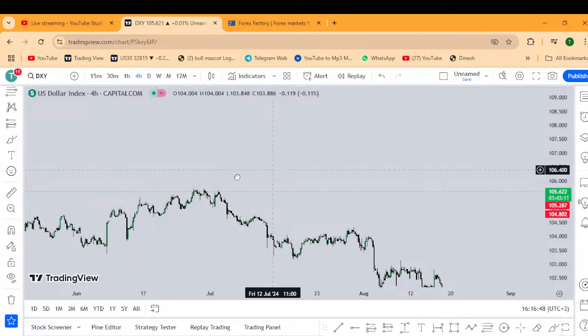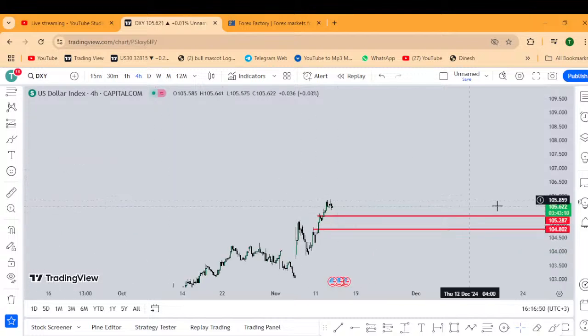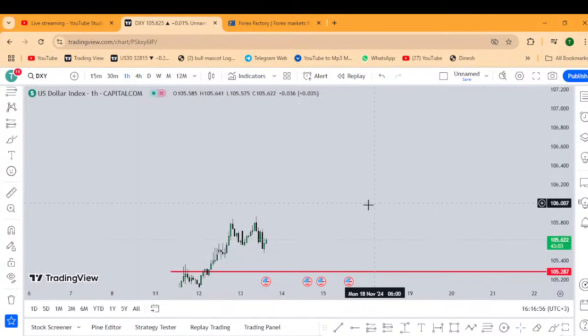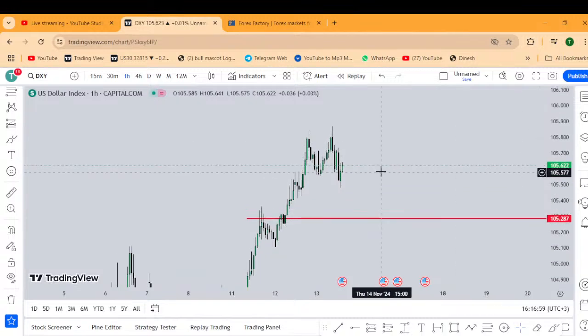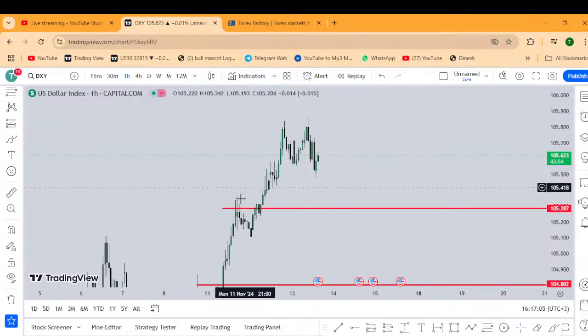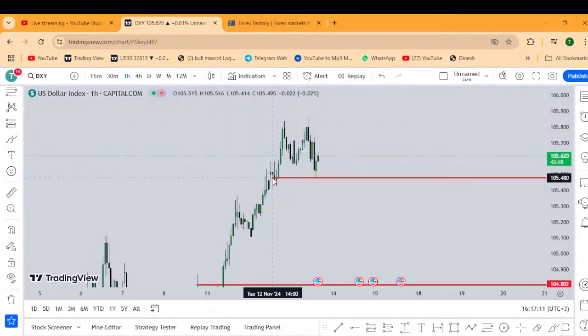So we can go into our 1 hour. This is our 1 hour, and this is how 1 hour looks like. Already if you see on 1 hour, the market is giving us an area for possible buyers, because this is our setup.